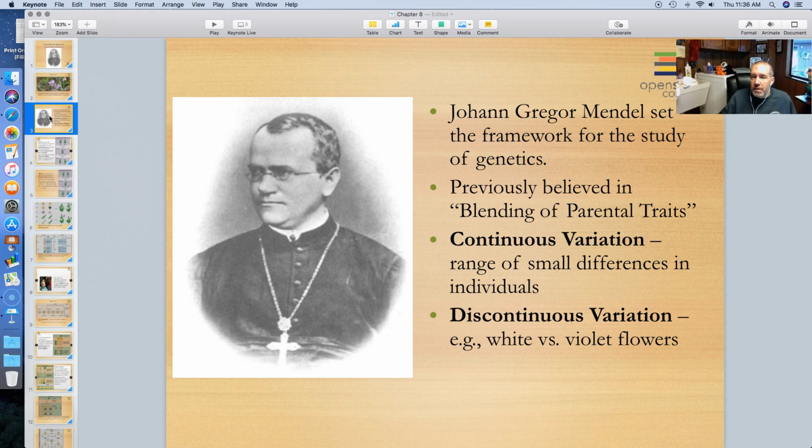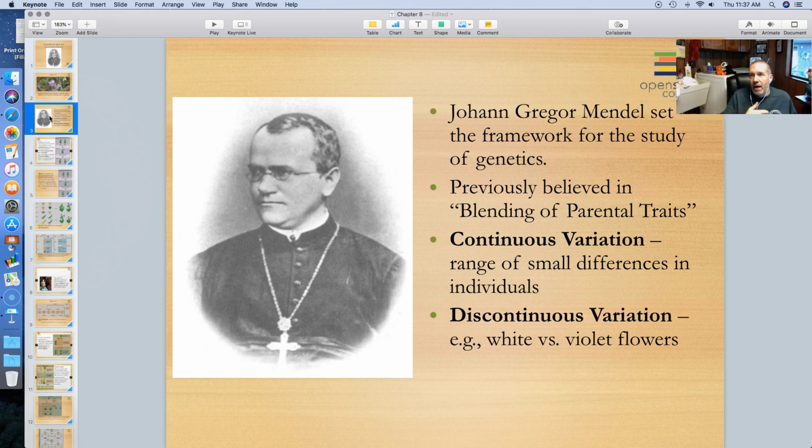But then there also is discontinuous variation. A white flower in a plant, for example, or maybe it has a violet colored flower, or maybe it has a red flower, but you don't see a continuous range of variation. Now, maybe you garden or you're thinking about this, well, what about roses? You know, there aren't just like red, white, you know, specific color roses.